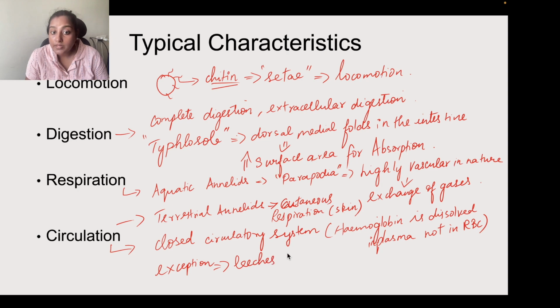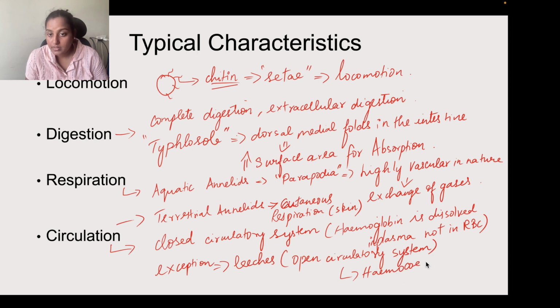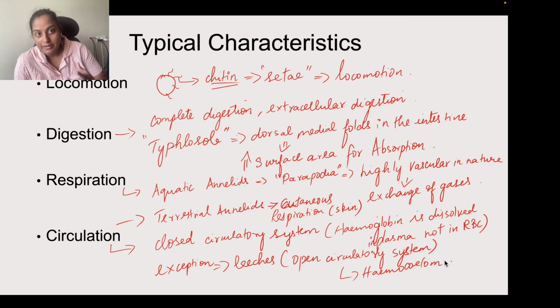They have an open circulatory system, and the coelomic cavity will be filled with hemocoelom. Filled with hemo, right? Kind of blood filled. Clear? Come on, I want everybody to quickly note it down.